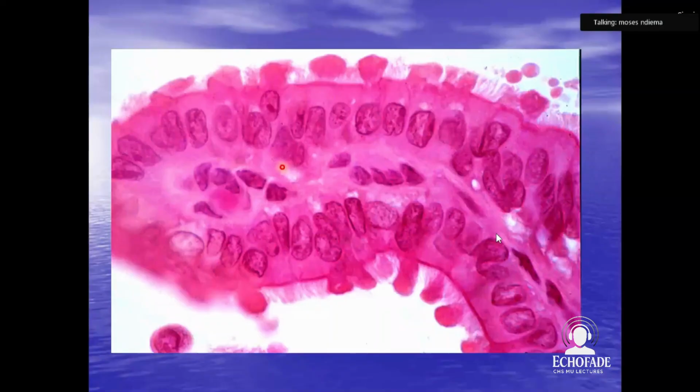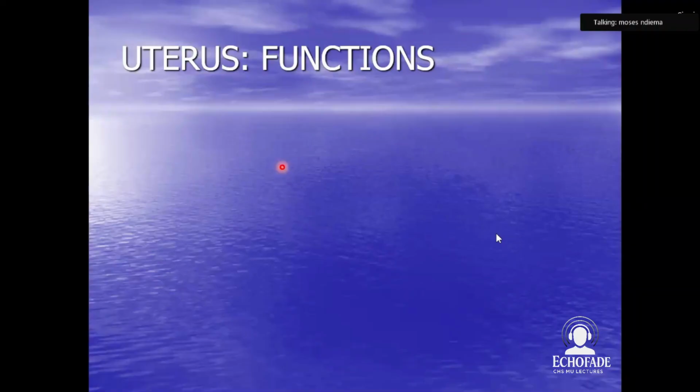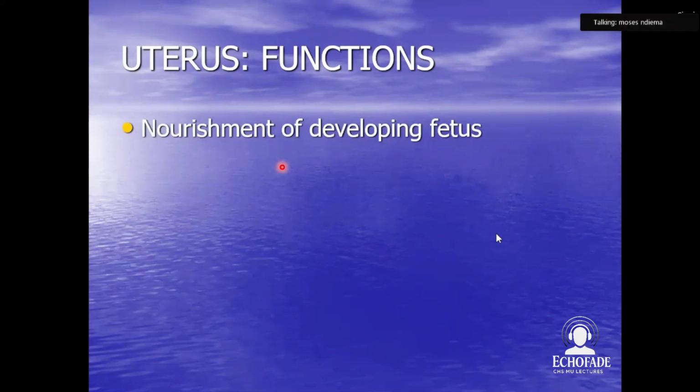For the functions of the uterus, you remember, we talk about formation of the placenta. As a result of this formation of the placenta, it's very important in the nourishing of the developing fetus.